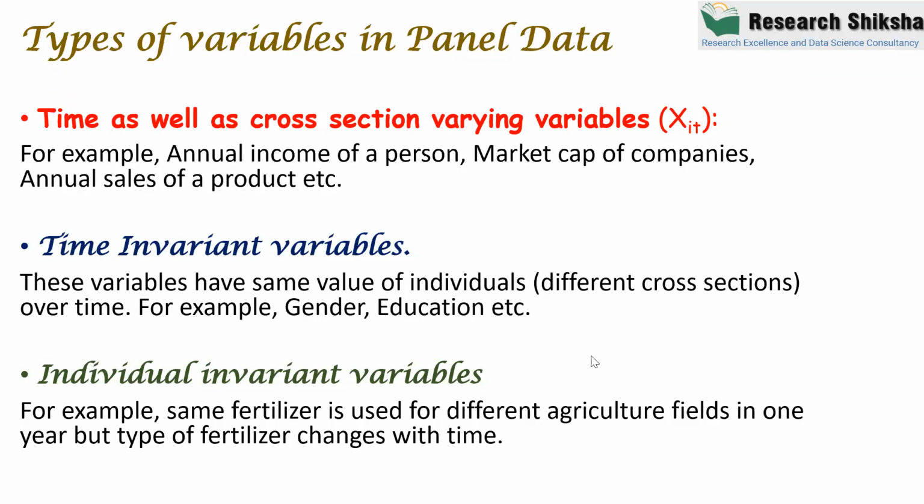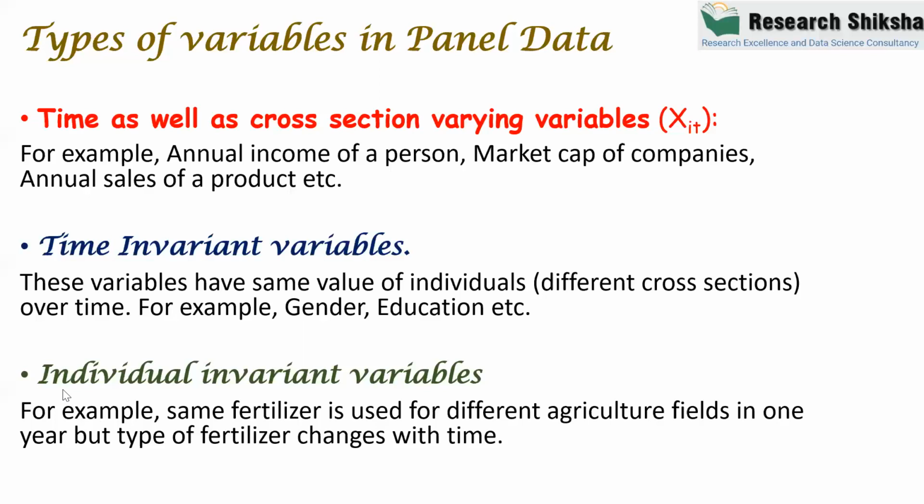Education is another example. If you are a PhD, I think after 20 years you will be a PhD only. This is just an example. In some cases, the variable may be the same for many years. These variables are known as time invariant variables. For example, if you belong to India, you still belong to India after 20 years also.